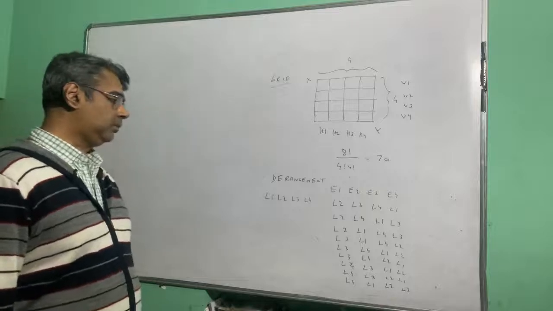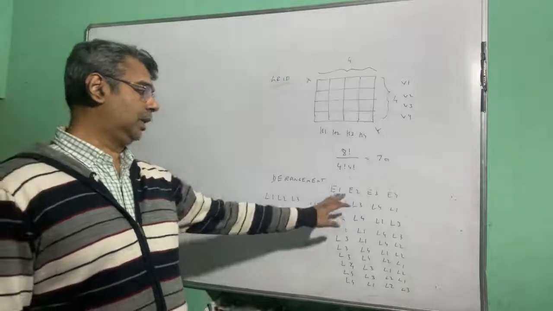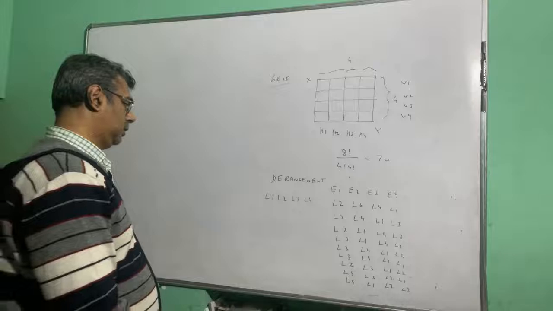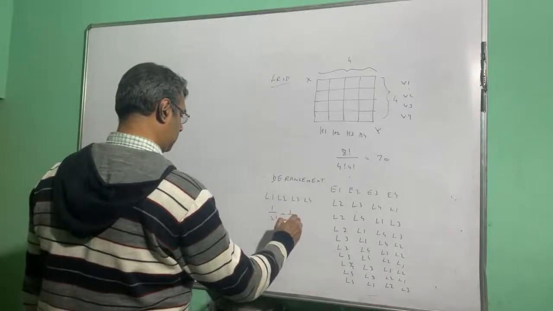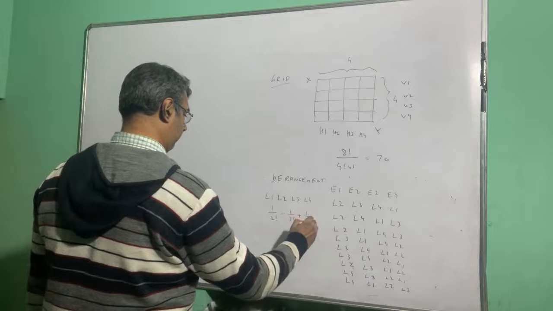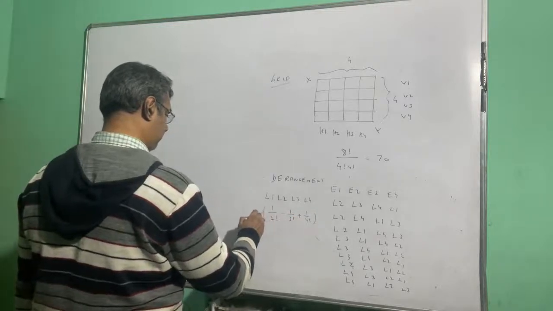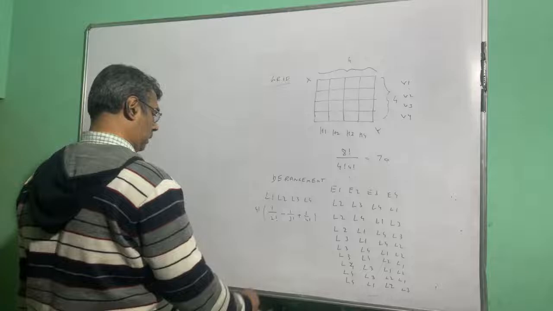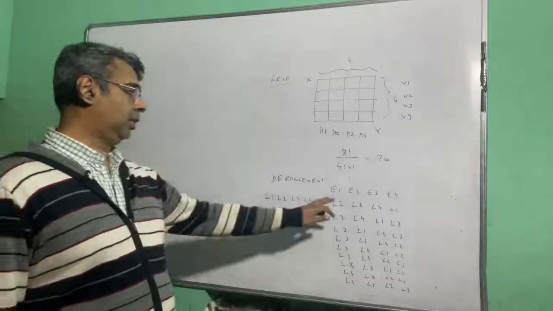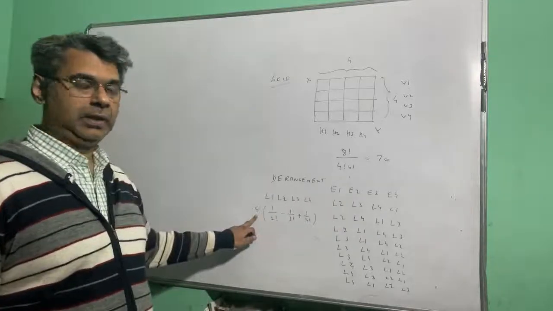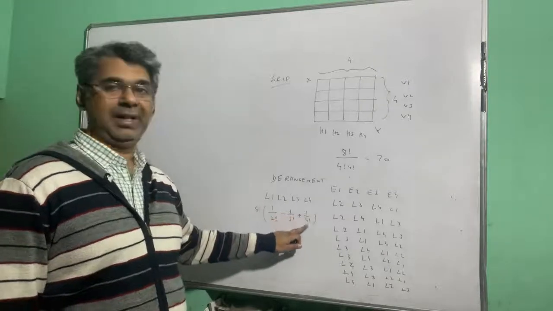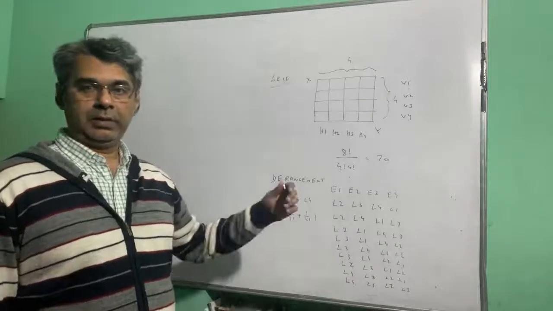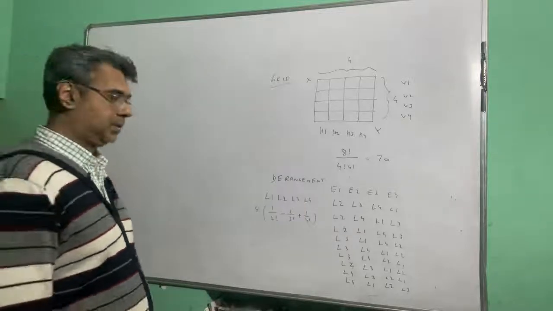Now, you can do this sum in another way also. You just write one series like this. There are 4 letters and 4 envelopes, so 4 factorial, and then you begin a series: 1 by 2 factorial minus 1 by 3 factorial, and it should end with 1 by 4 factorial, because that is the number of letters and envelopes.